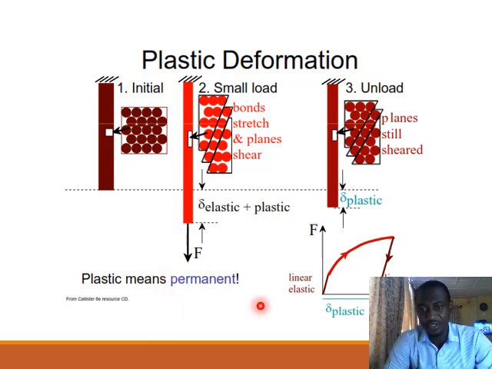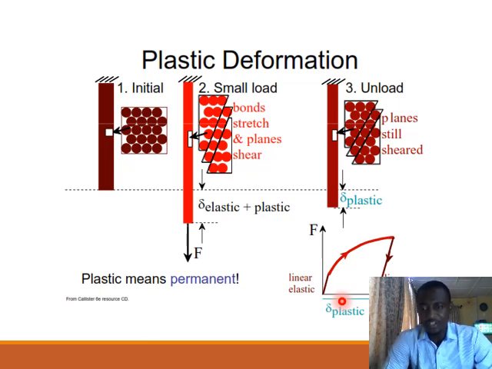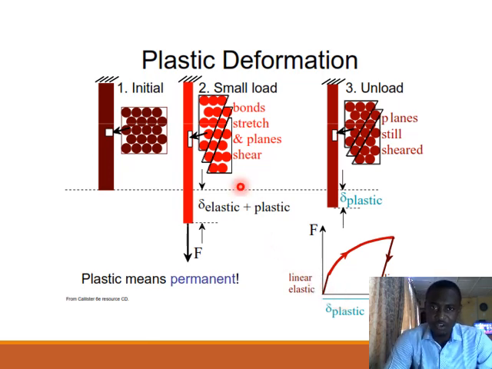That kind of deformation is what we call plastic deformation. It will not return back to its original state. It will have incurred certain permanent deformation in itself. So therefore, you don't have exactly what you have originally.